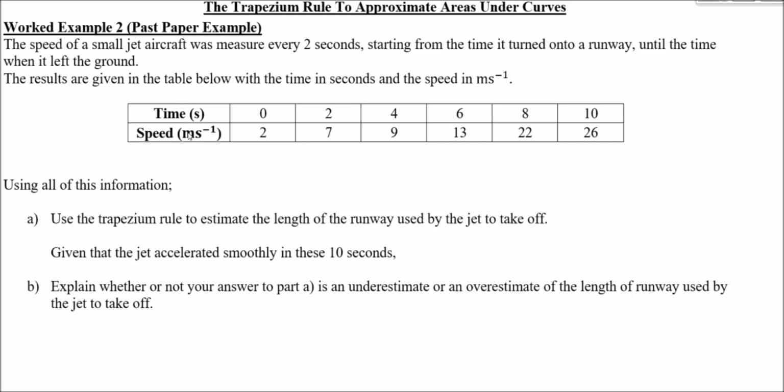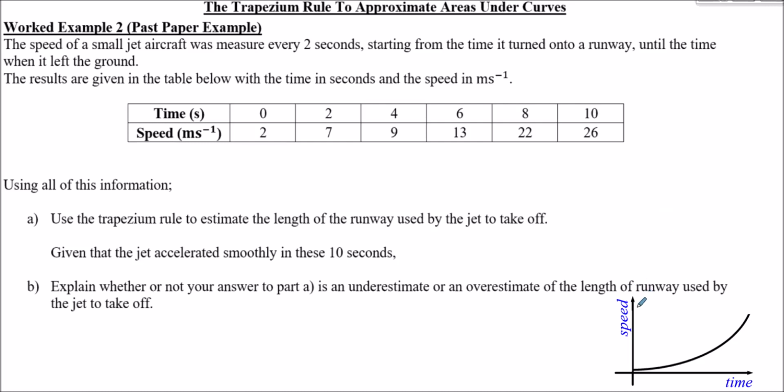The key thing, I would suggest, is to actually sketch a graph of what's happening. So speed and time, and using what it says here, that the acceleration is smooth, this will be a smooth curve like so. It goes back to physics lessons in GCSE. Maybe you're still doing physics for A level, in which case you definitely should know what the area underneath the speed-time graph represents.